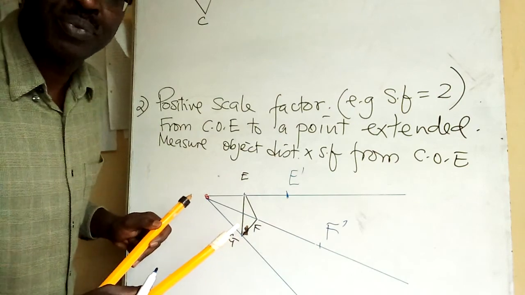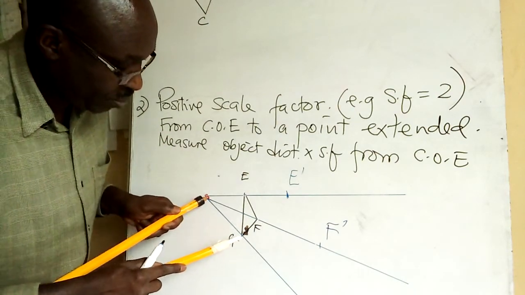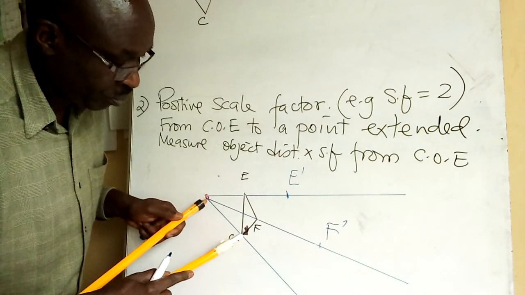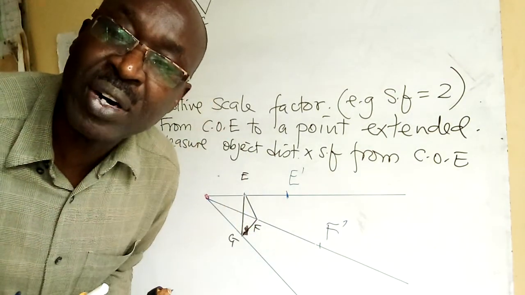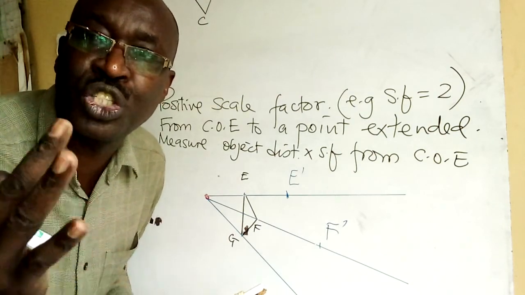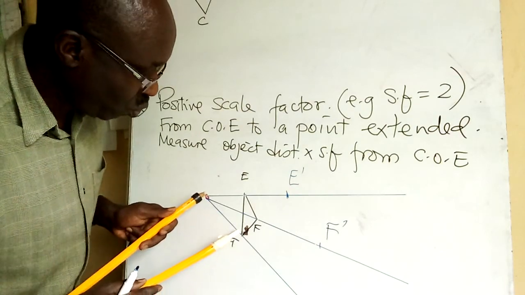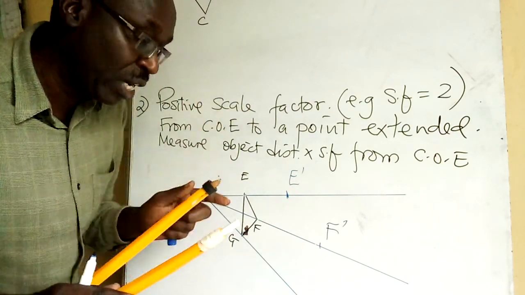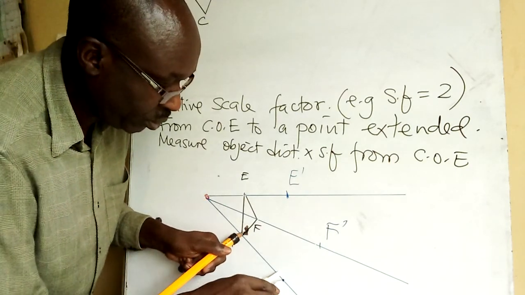Then the last one is G. I adjust again from there to there. So how many times do I do it? Twice. If our scale factor was 3, I would do it 3 times. So from the center of enlargement, the distance we have from the center, I do it 1 and then 2 there.